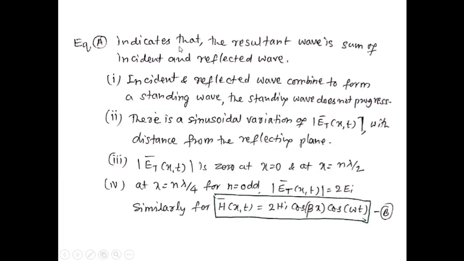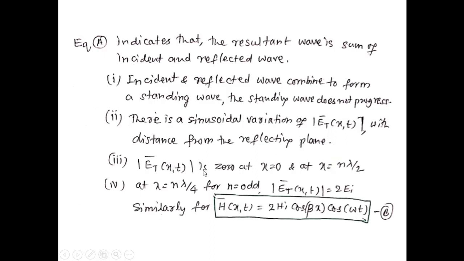So equation A indicates that the resultant wave is the sum of the incident and reflected waves. The incident and reflected waves combine to form a standing wave or stationary wave. The standing wave does not progress. There is a sinusoidal variation of Et bar of x, t with distance from the reflecting plane.